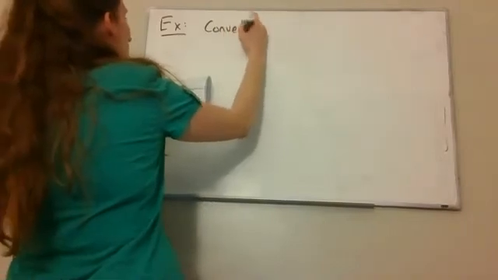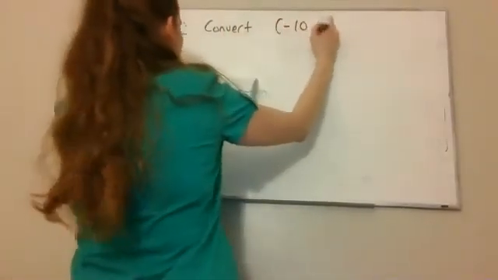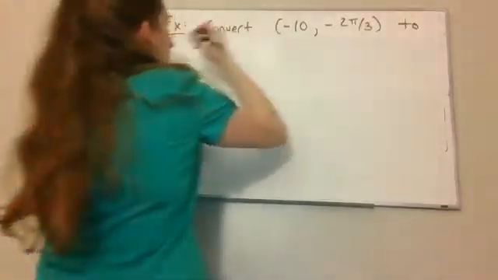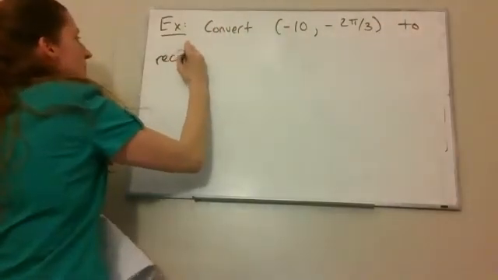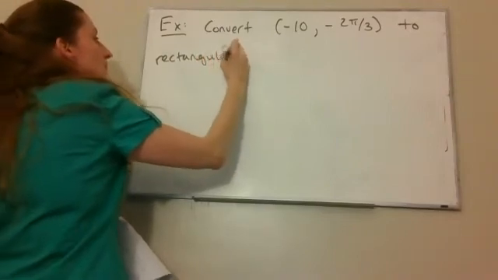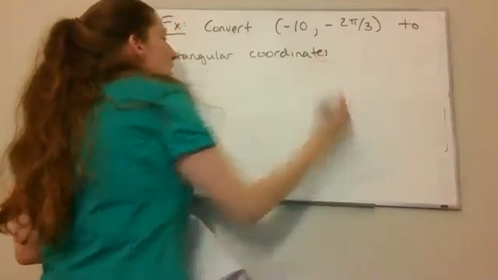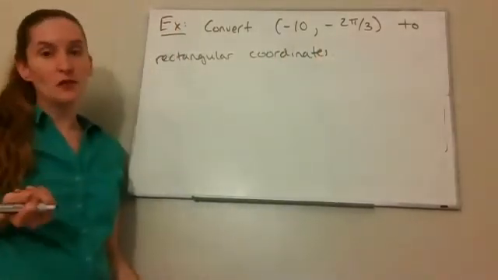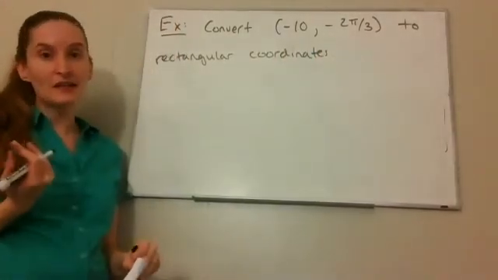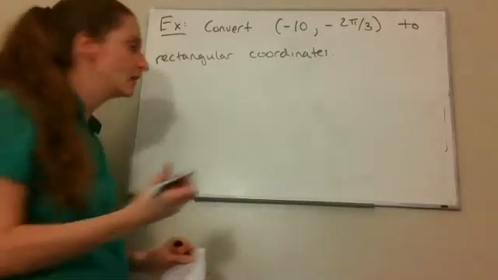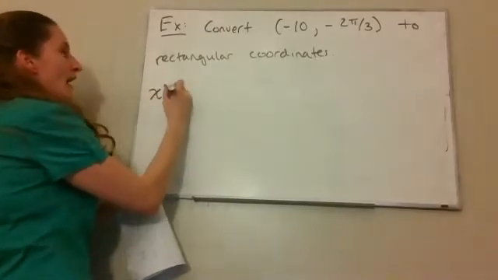Convert the polar point (-10, -2π/3) to rectangular coordinates. Well, I know from my definitions I just erased that x is equal to r cosine theta and y is going to be r sine theta. So let's start with x.